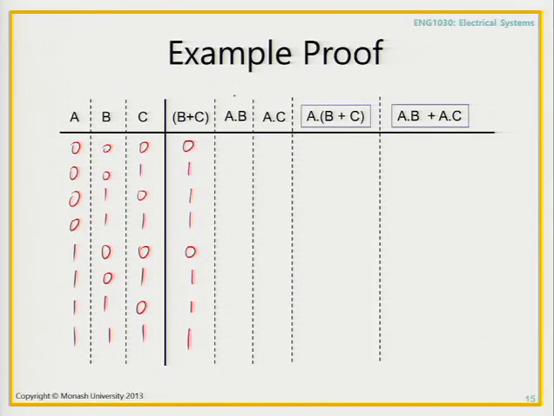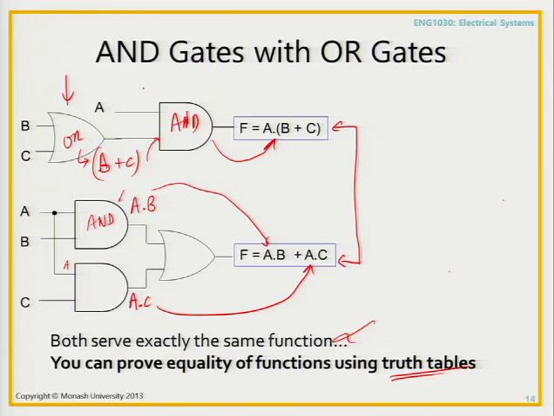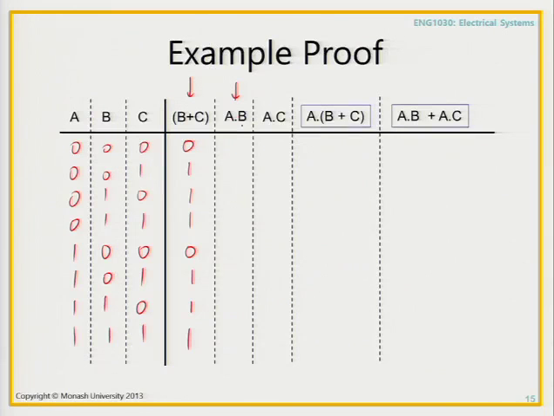Over here, you've got A and B in this column. So these are just taken directly from the gates that I've shown here. So you've got A and B, and we have to look at the A and B columns. So you get 0, 0, 0, 0, 0, 0, 1, 1.